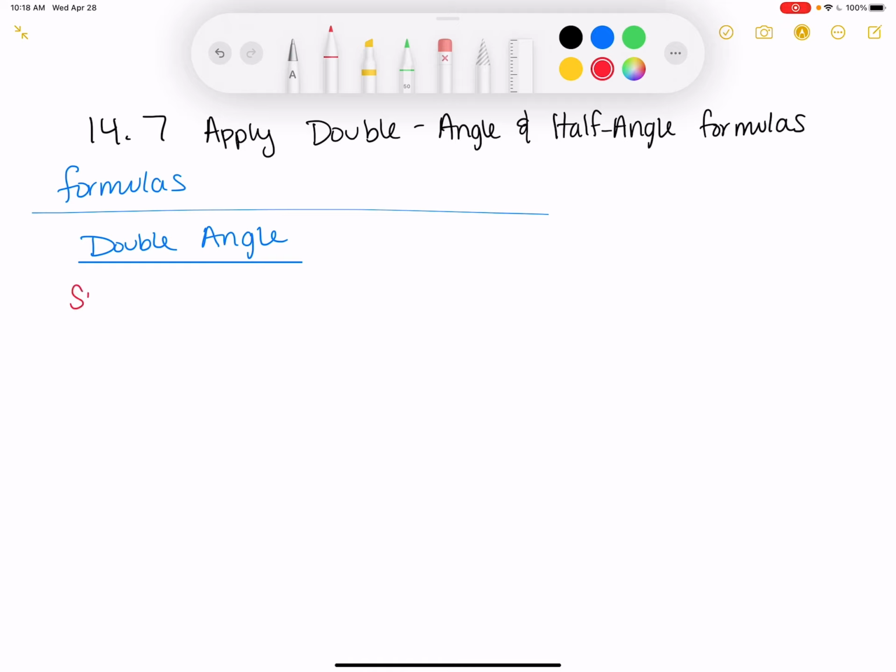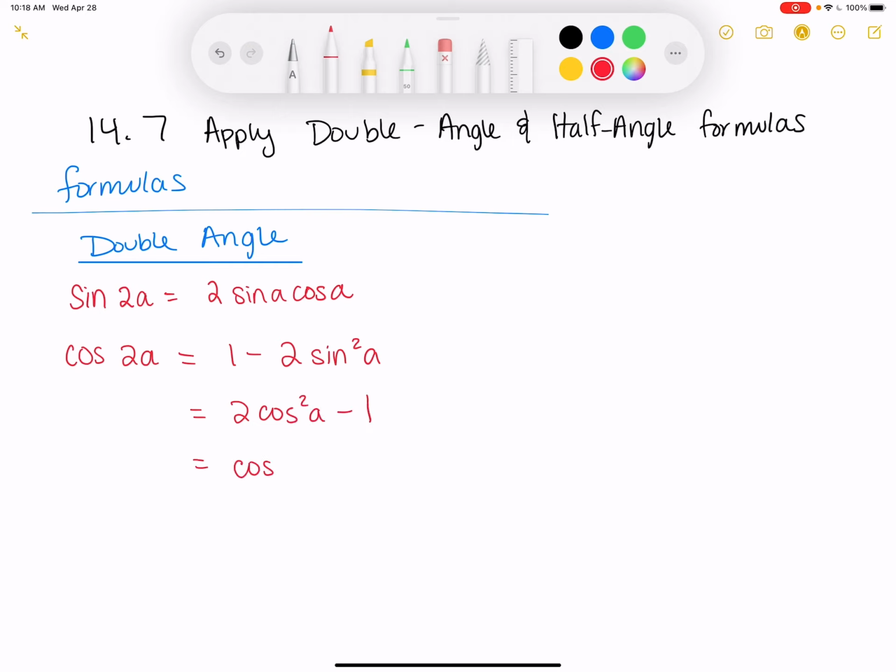All right, the sine of 2a is equal to 2 sine of a cosine of a. The cosine of 2a is equal to either 1 minus 2 sine squared of a, or it's equal to 2 cosine squared of a minus 1, or it's equal to cosine squared of a minus sine squared of a.